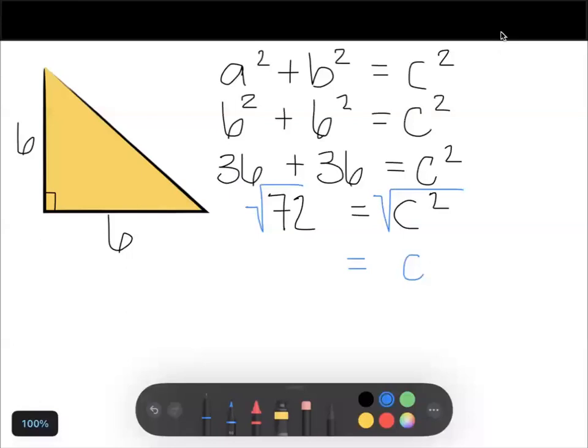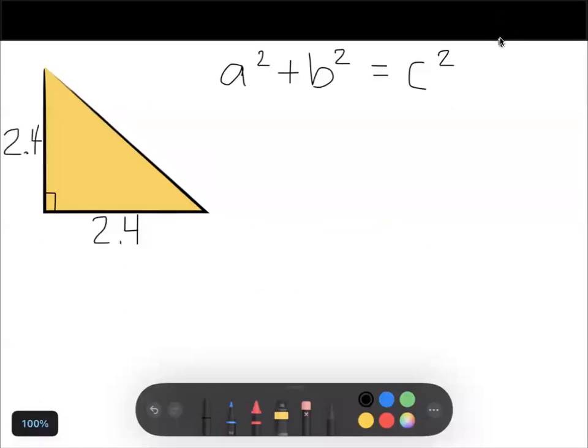When I do the square root of 72 on my calculator, I get a big long decimal. So I'm going to round it to the nearest tenth. That means c is equal to 8.5 when I round it. On the calculator, it says 8.485 and then goes on and on. So I'm just going to round it to 8.5. That would be the approximate length of the hypotenuse on this triangle.